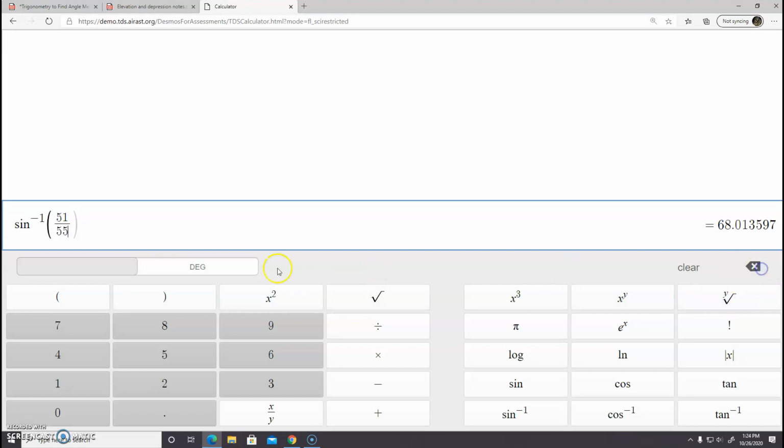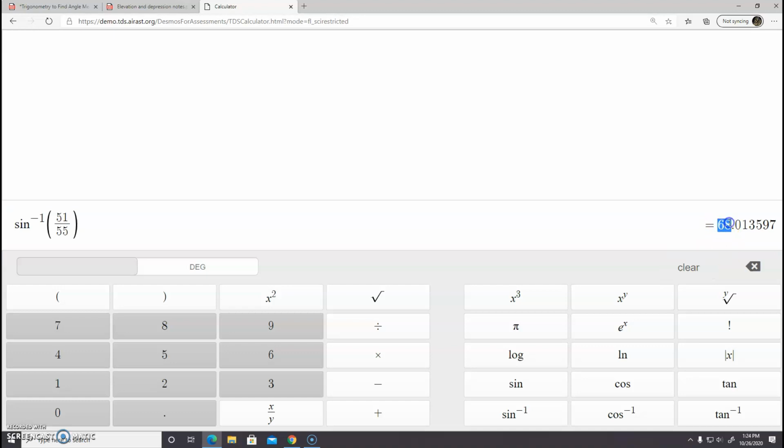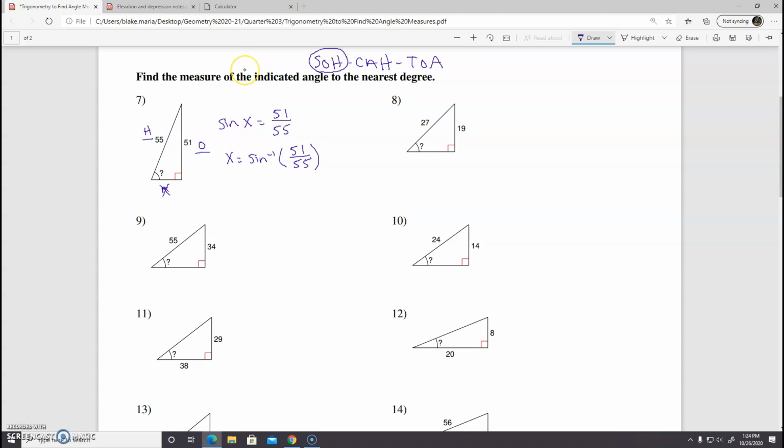And we get 68.0 degrees. So x equals 68 degrees. So we are finding angle measures here. Whenever you're finding an angle measure, you know you're going to be using sine inverse, cosine inverse, or tangent inverse.